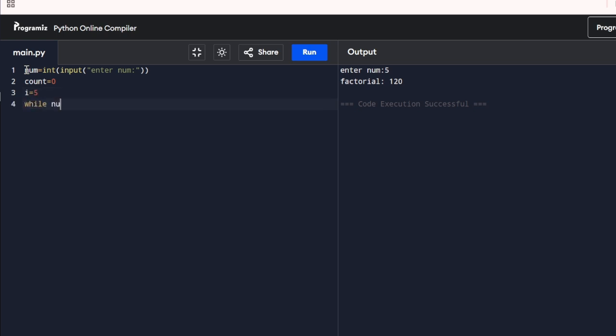While num divided by i is greater than 0, here you need to update count to count plus num slash slash i. I will explain this. Then i is equal to i into 5. Finally, you need to print the count.